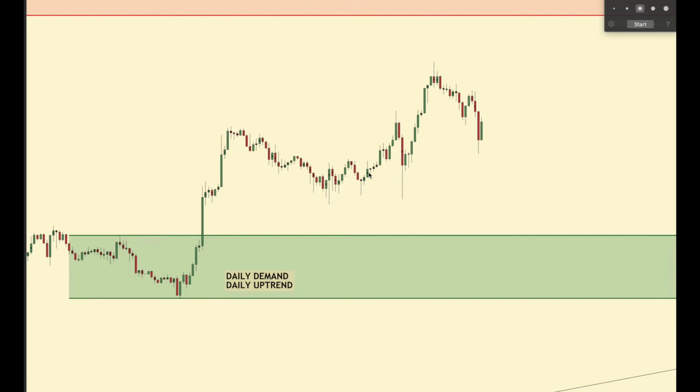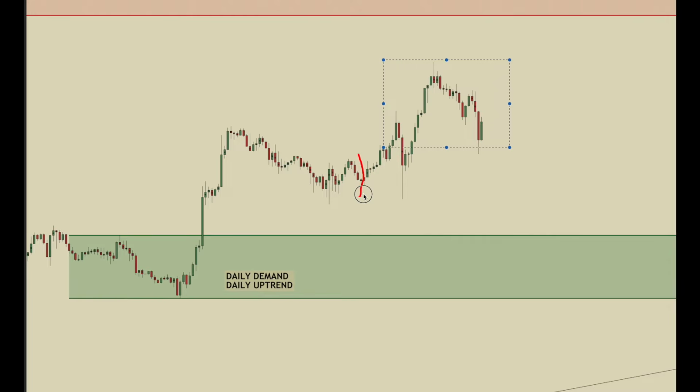So now I'm going to explain what to look for. Let's just pretend that all this stuff over here didn't happen, just because I can't draw it over here. So I'm basically going to start from here, and we're going to go down right here. Pretend this is price action trending down, down, down, down, down, right?